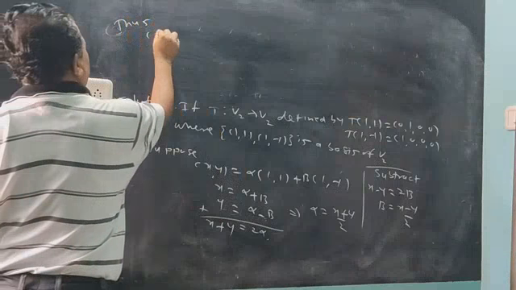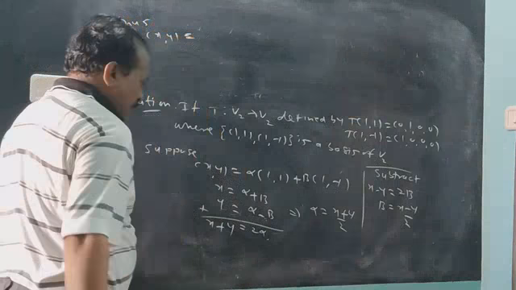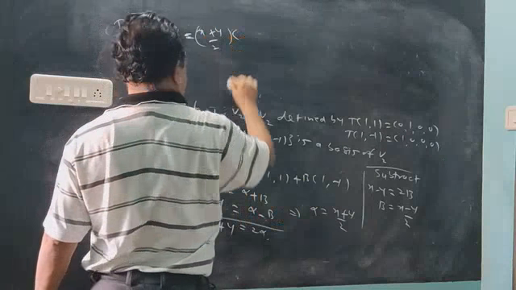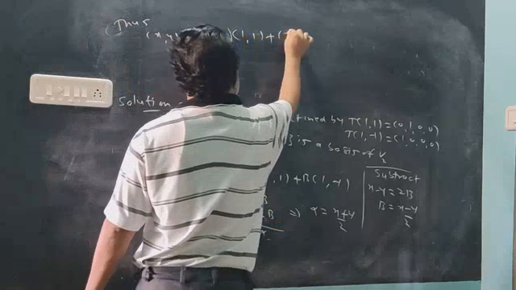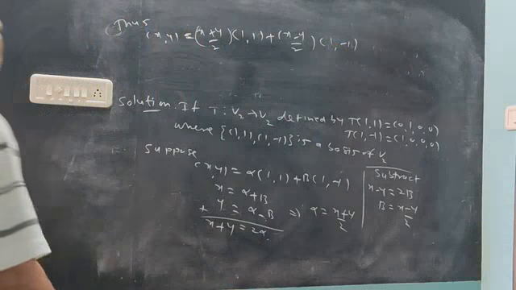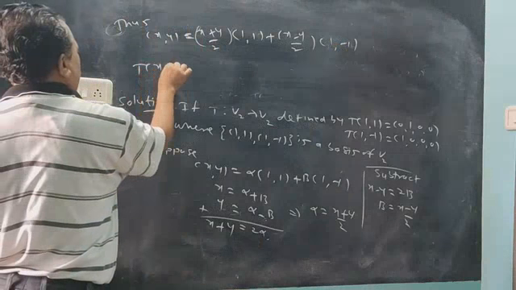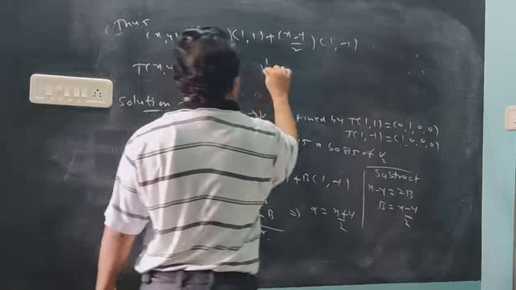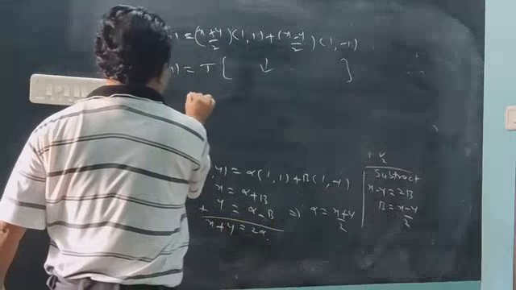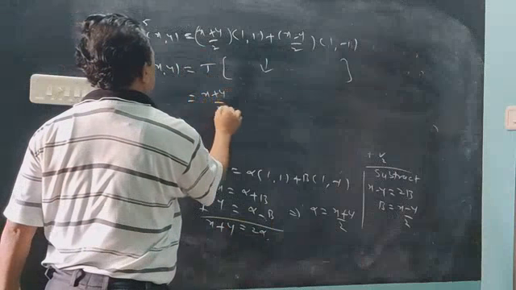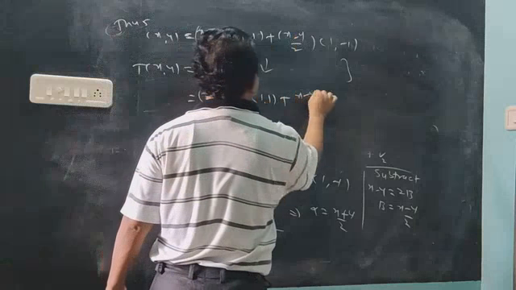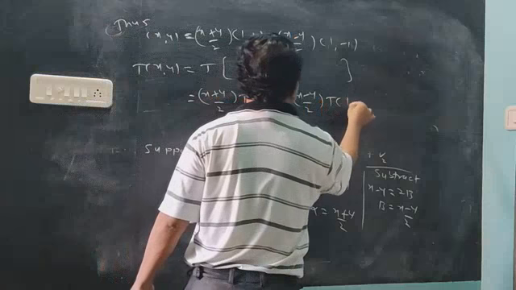So thus this (x, y) is alpha times the first vector, (x plus y) by 2, and (x minus y) by 2 times the second vector. Now T of this total. Now T is linear, so alpha, which is (x plus y) by 2, will be outside T of the first pair, and beta will be outside T of the second pair.